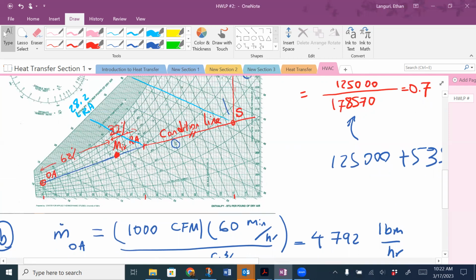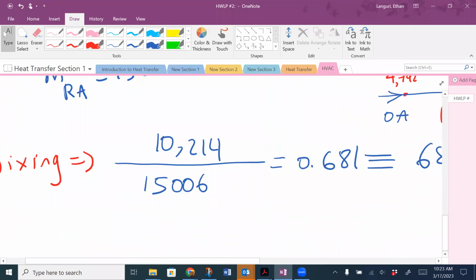I know my mixing is happening at a little bit over 60, less than 65. Again, if I do a better job, 62 Fahrenheit is the temperature of my mixing, and the relative humidity is on the 60% line. So 60% RH. So let's write them down.